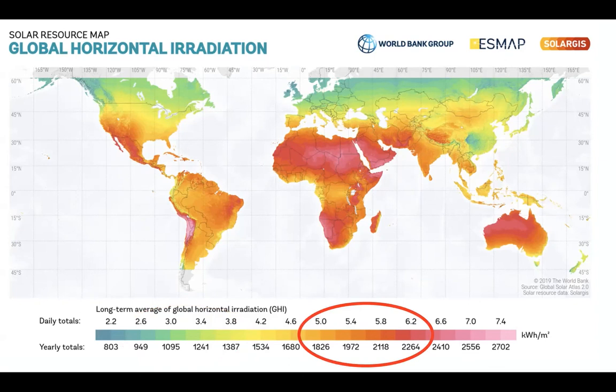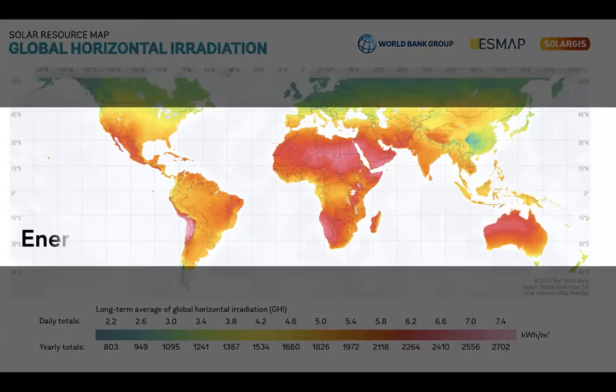That's almost double the amount of energy that you get free to every site in the global south, almost double what you get in the global north. So it makes sense to use that energy. And so we could say that the richest places in terms of energy distribution, free energy distribution, is in the global south.